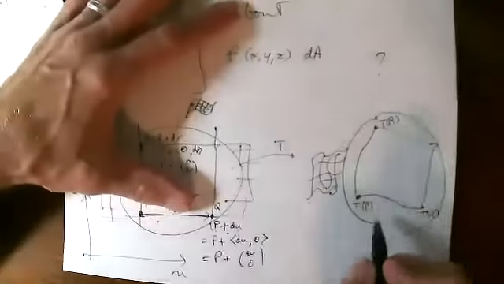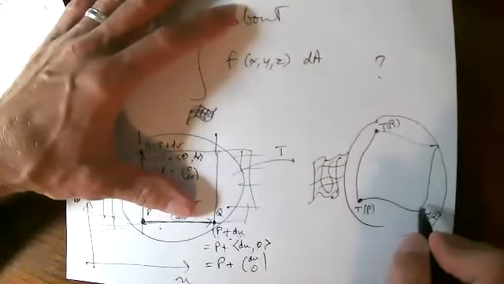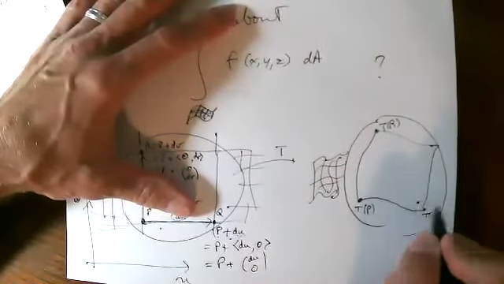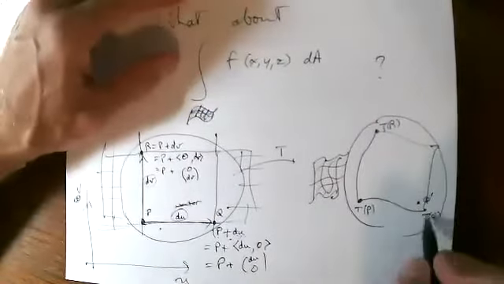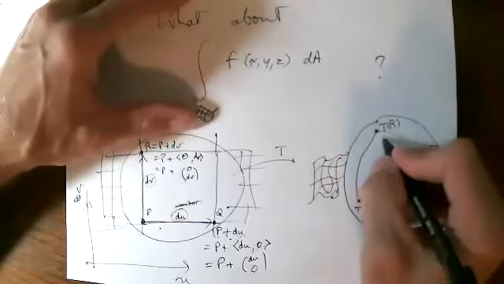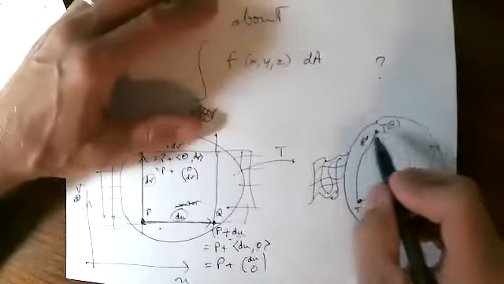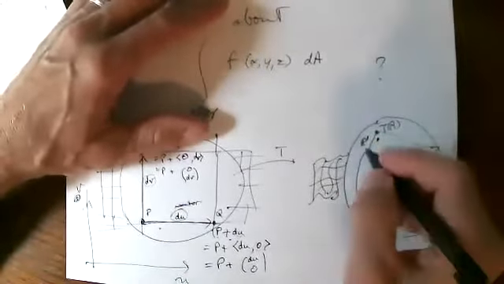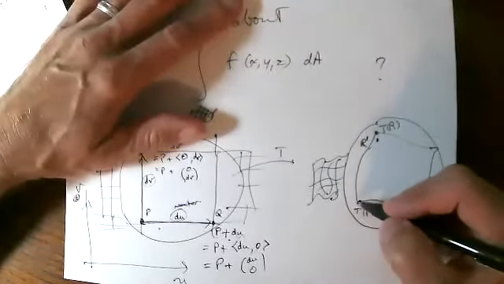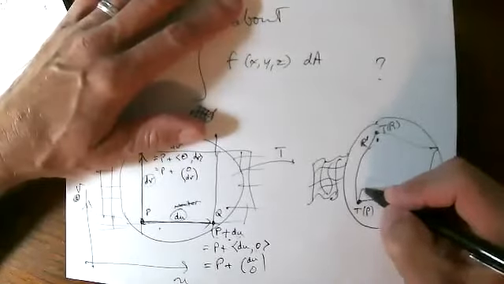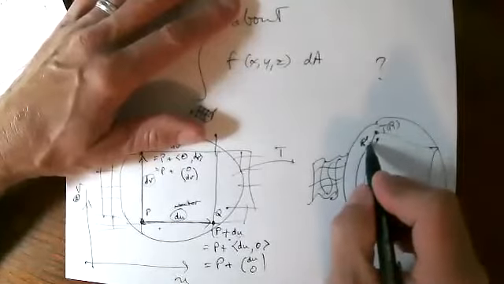Now what I'm going to do is figure out approximately where T of Q is by using derivatives, and I'll get a point that I'll call Q prime. That'll be almost the same as T of Q. And likewise for this, I'll use derivatives to estimate approximately where T of R is, and I'll call that R prime. Then I'll replace these curvy things that really go from T of P to T of R with just a straight line segment that goes from T of P to R prime.